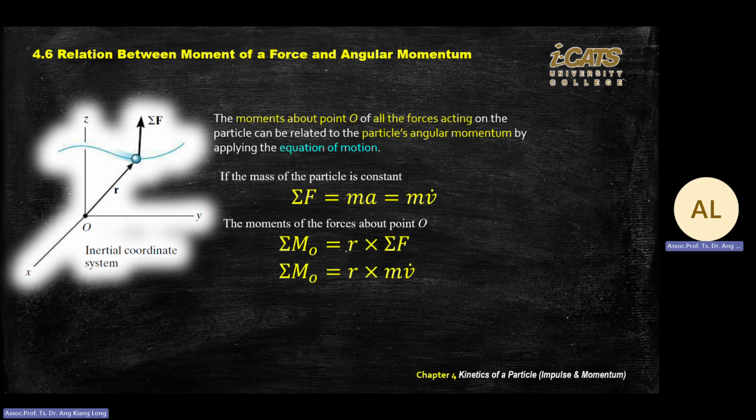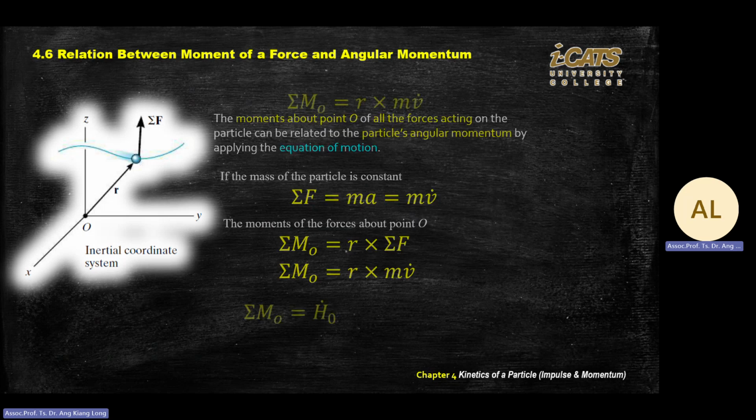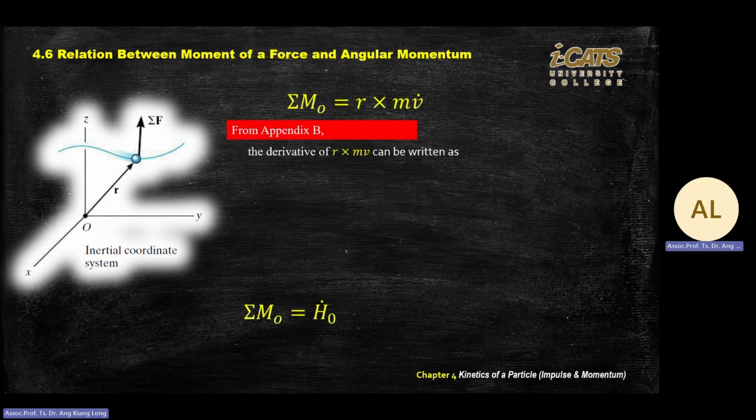Again, chapter 4, we are not interested in acceleration. We are interested in velocity, time, force, and mass. Okay, so we can rewrite the moment in terms of R cross m v dot.